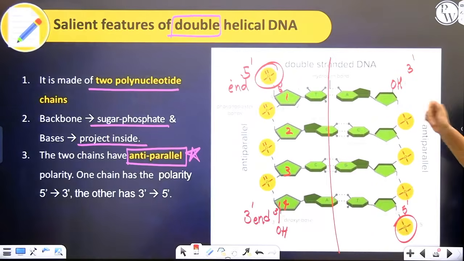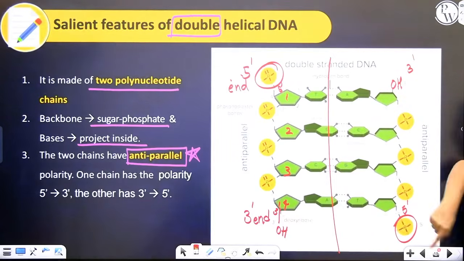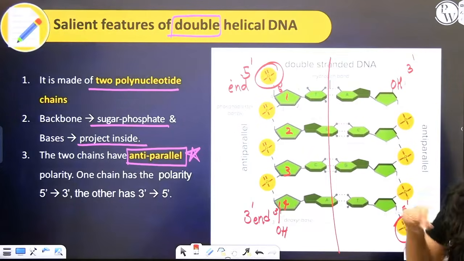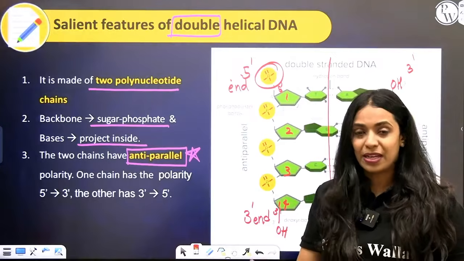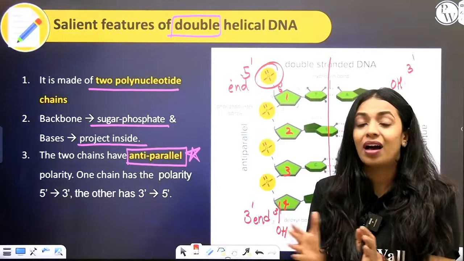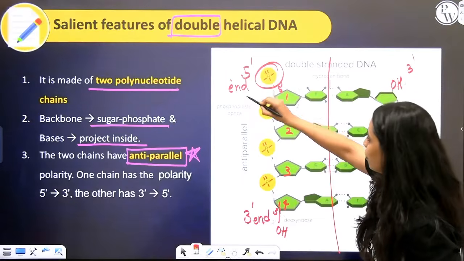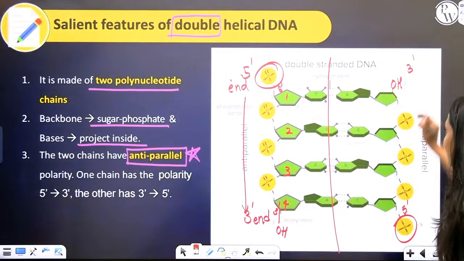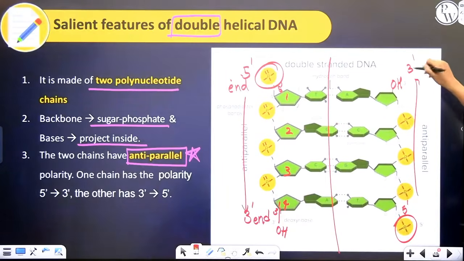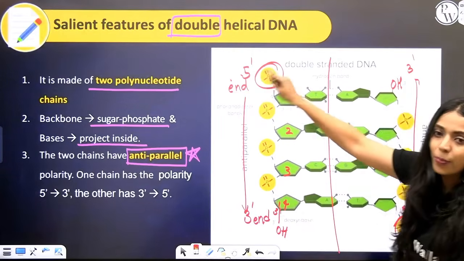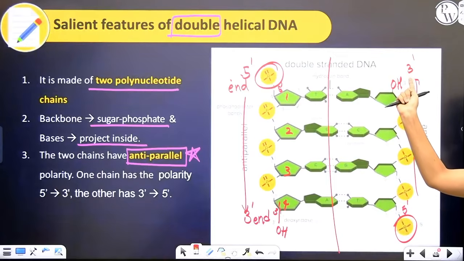Why should that happen? Because nitrogenous base pairing should happen. If they are both present in the same direction, nitrogenous base pairing will not be able to take place. Therefore, these both are anti-parallel in nature. If one of the strands is running from 5 prime to 3 prime, the other one will be from 3 prime to 5 prime. So if there's the 5 prime end of this strand here, opposite to it on the other strand will be 3 prime.